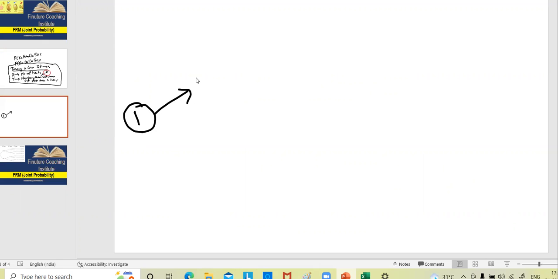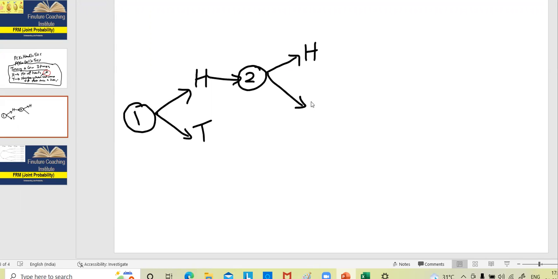You can get head or you can get tail. Now we have to explore what happens when we get head and toss it a second time. What are the possible outcomes? Again, this is head and this is tail.